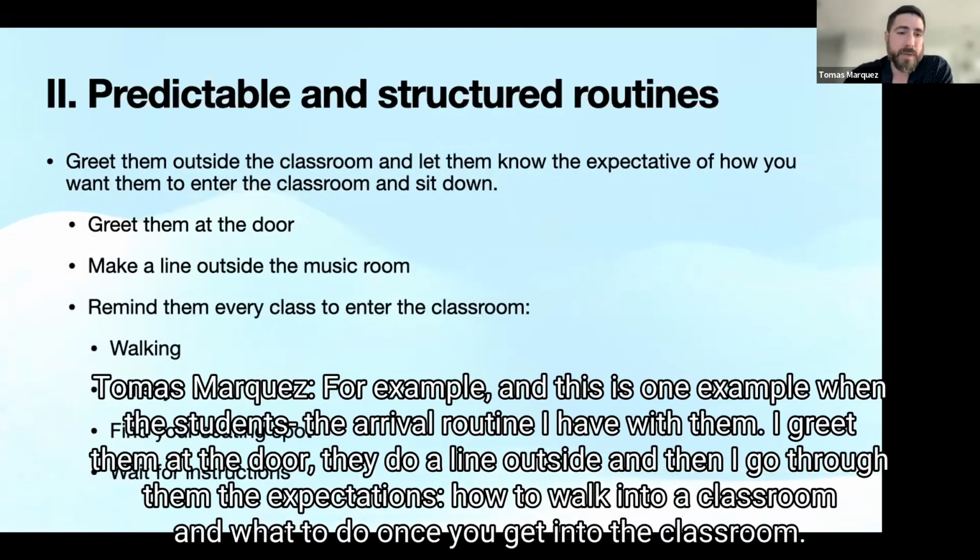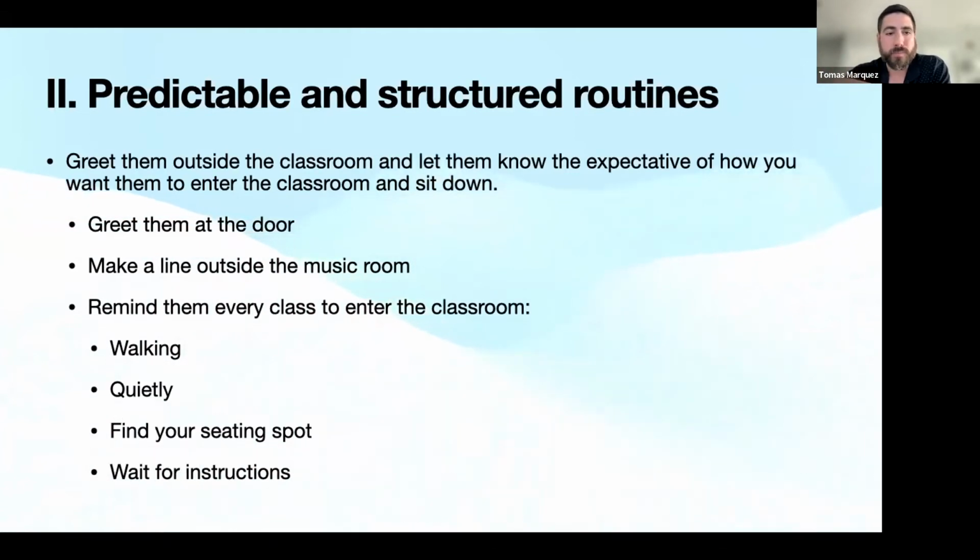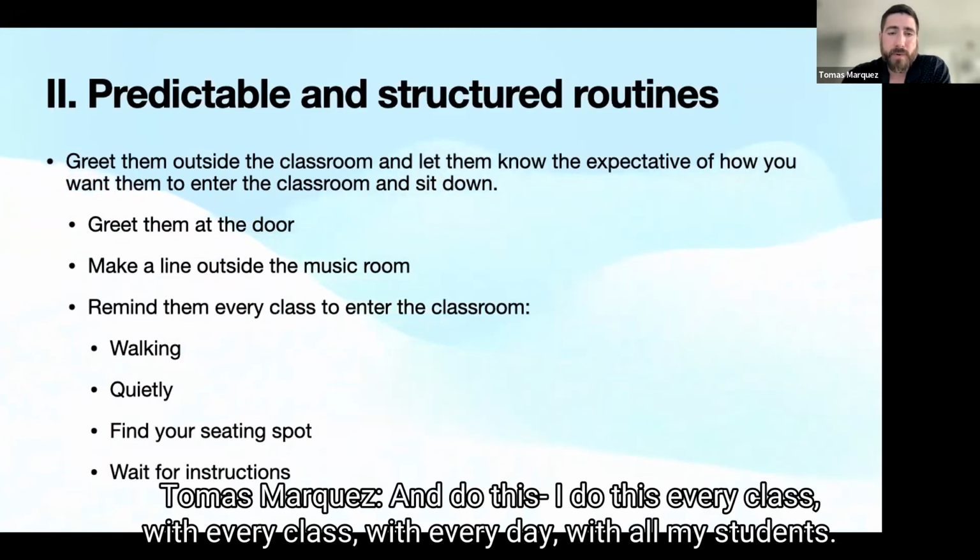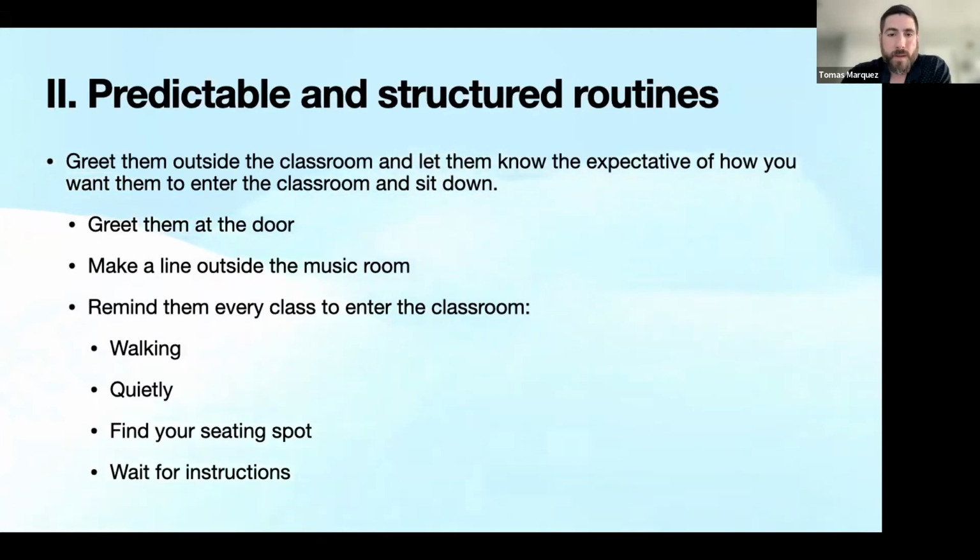For example, the arrival routine I have with them: I greet them at the door, they line up outside, and then I go through the expectations, how to walk into the classroom and what to do once you get into the classroom. And I do this every class, every day, with all my students.